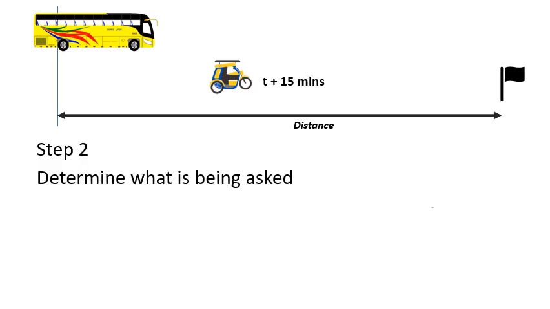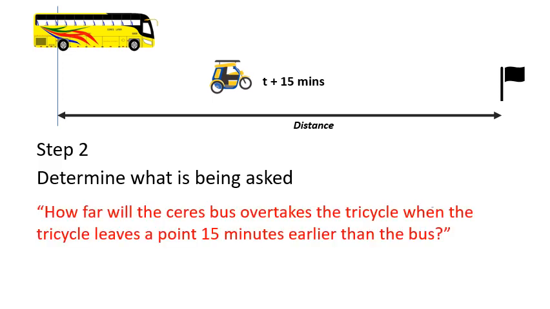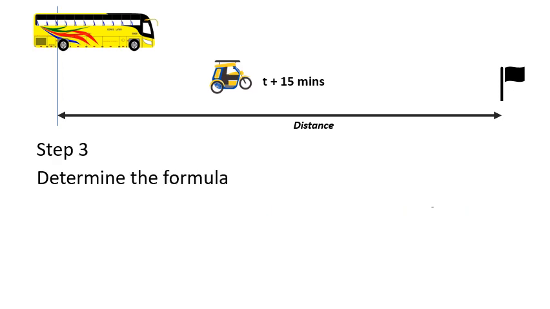So we are going to determine what is being asked in the problem. And that is, how far will the service bus overtake the tricycle when the tricycle leaves a point 15 minutes earlier than the bus? Let us now determine the formulas to be used.